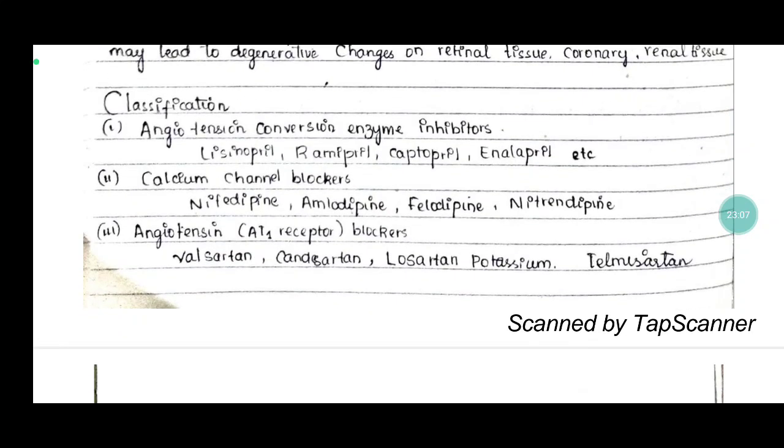Number 1, angiotensin converting enzyme inhibitors: ramipril, captopril, enalapril. Number 2, calcium channel blockers: nifedipine, amlodipine, felodipine.